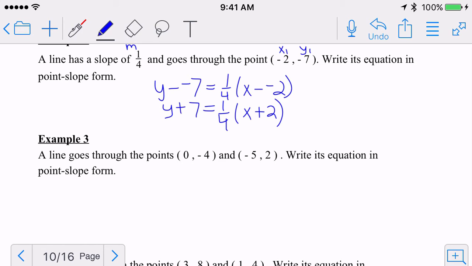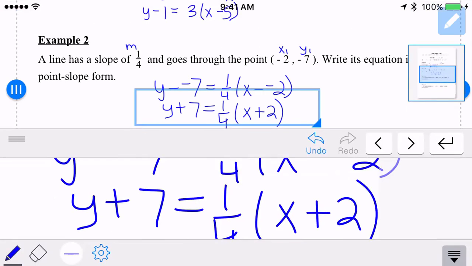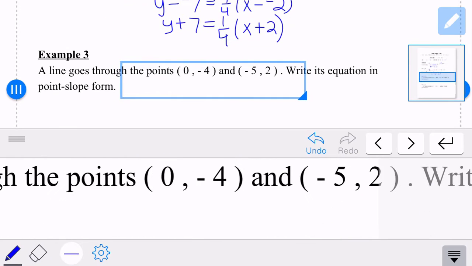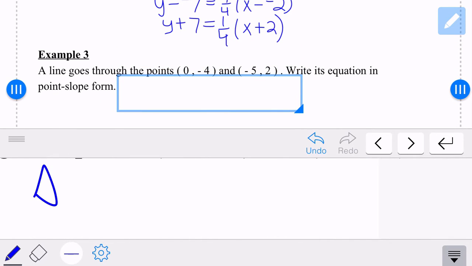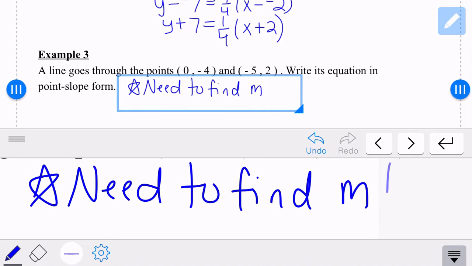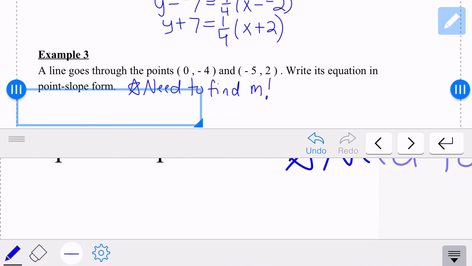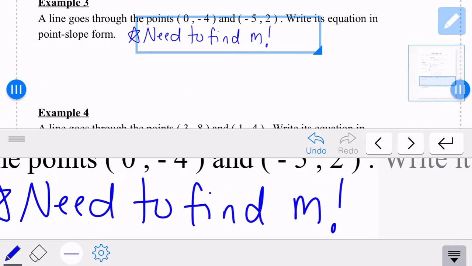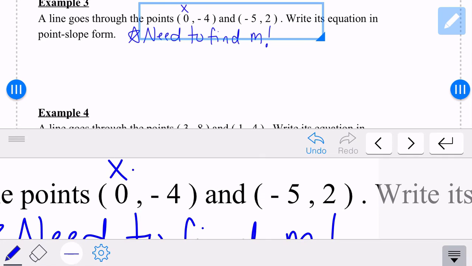Examples 3 and 4 down here, this time you are given 2 points. So we've got 2 points here, and we want to write its equation. The first thing we're going to have to do is find m, because we don't have it. So we're going to use our formula from before with our x1, y1, x2, y2 to calculate our slope.